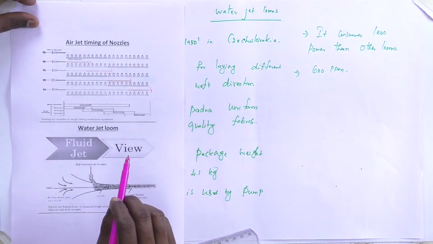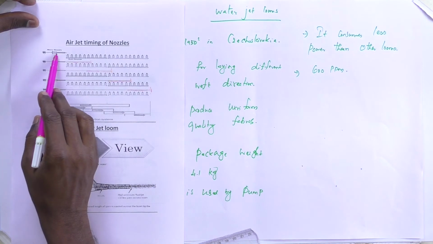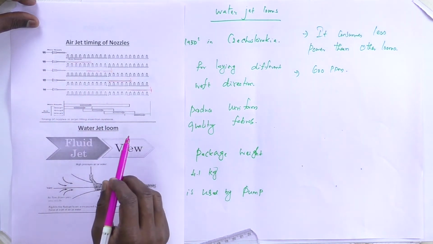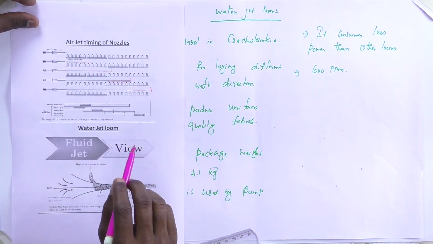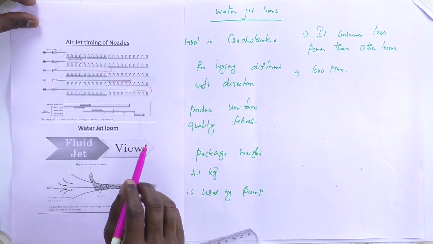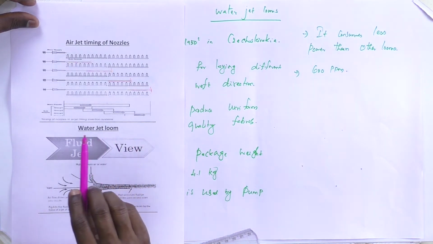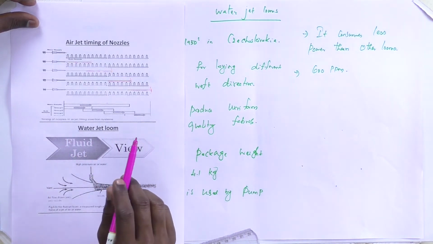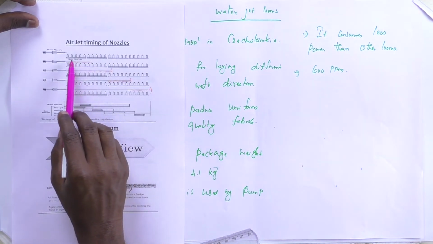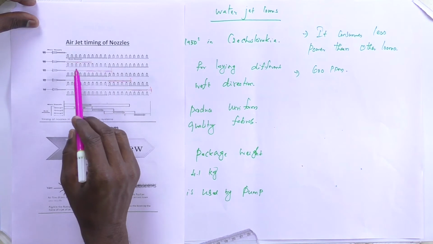with the help of air. The main nozzle is used to supply the high pressure air. That air is not sufficient to carry the weft yarn from one side to the other, and guidance is also required to carry the yarn inside the shed. For that purpose we use sub nozzles.